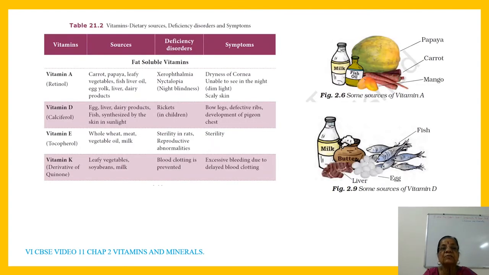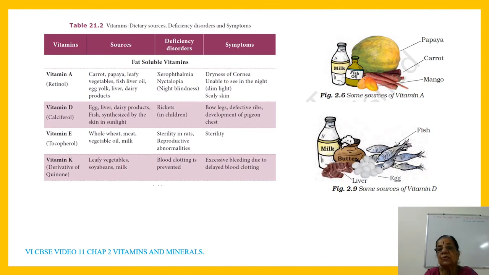Now what we are going to do is vitamins A, D, E and K: vitamin dietary sources, deficiency disorders and symptoms. You have to learn this, it is not given in our textbook.